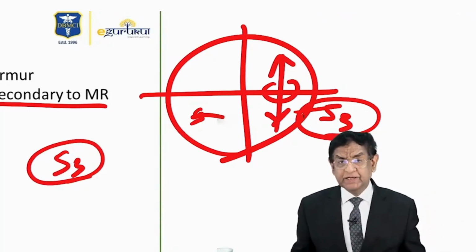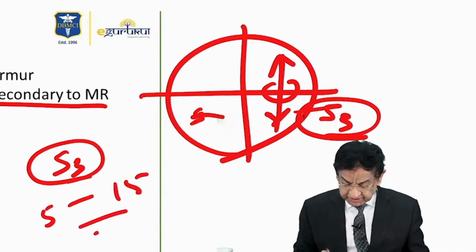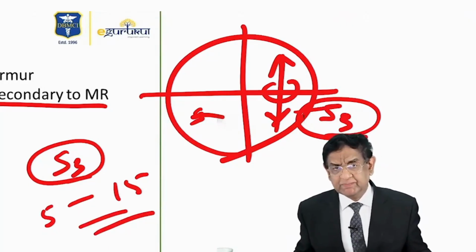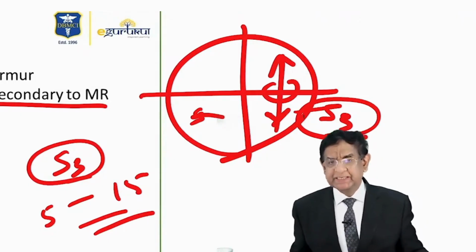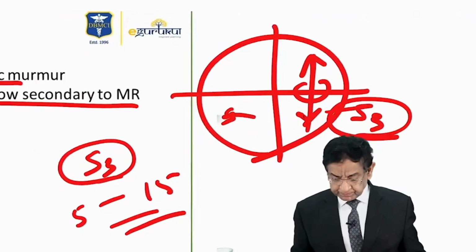And one more thing, acute rheumatic fever is a disease of 5 to 15 years. In this age group, S3 is already there. So that's why we don't comment about S3 in children, but we definitely talk about Carey-Coombs murmur. A specific name is given in acute rheumatic carditis.